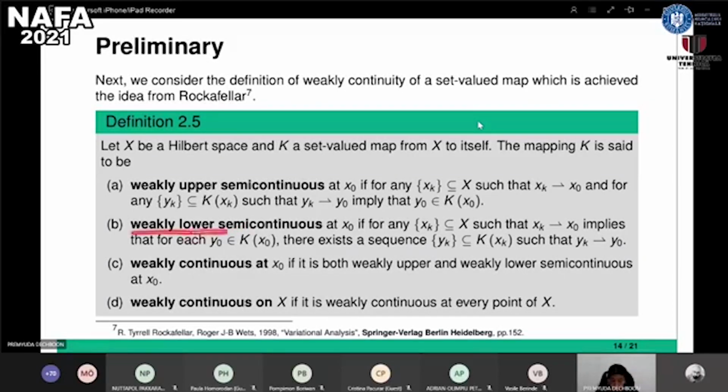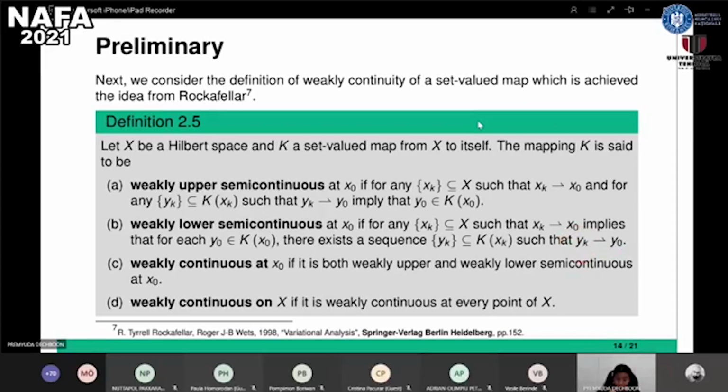For the weakly lower semi-continuous, it is almost the same, but it implies that for each y0 in K(x0), there exists a sequence yk from K(xk) such that yk converges to y0.